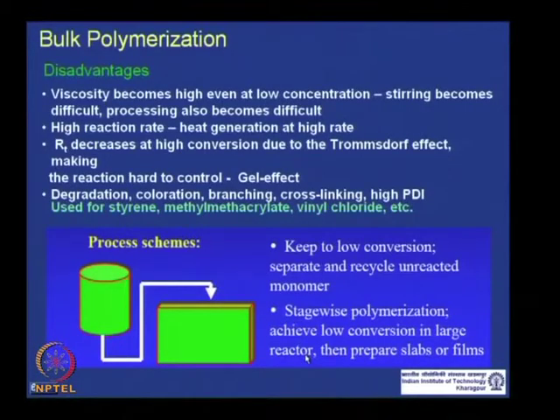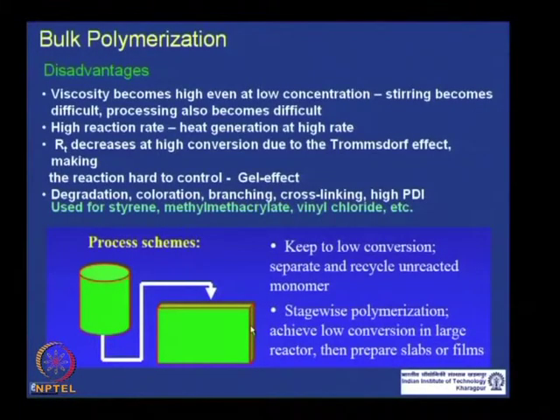So, you pour that pre-polymer into the mold, and then you complete the reaction. The reaction rate will be faster and high molecular weight is produced, and you do not need to process it, it will become like a sheet.